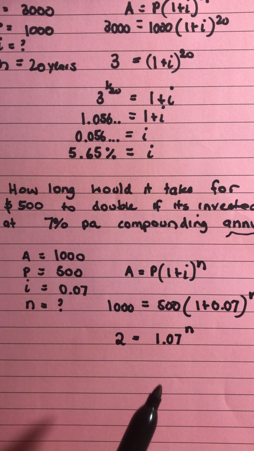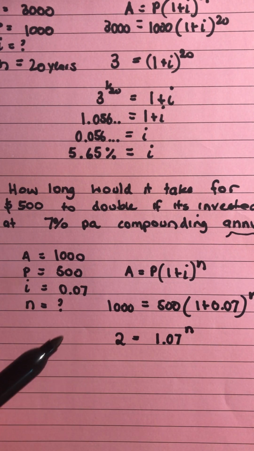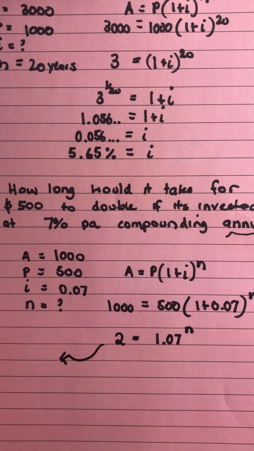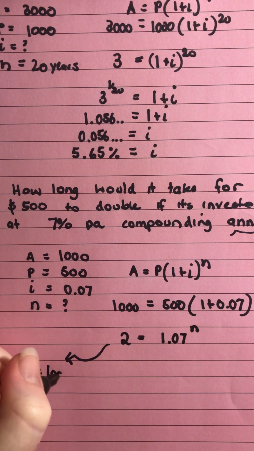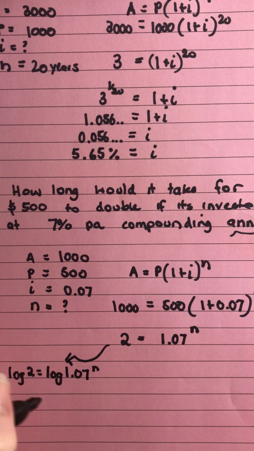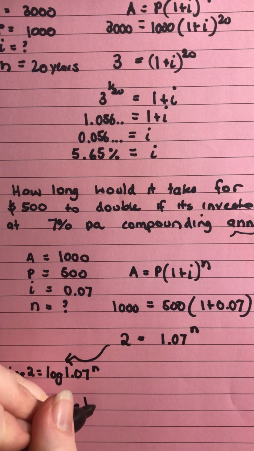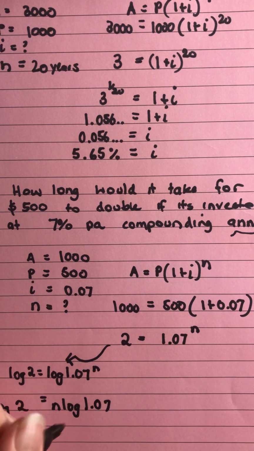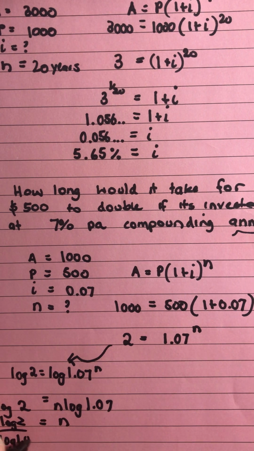Now, this is where in the general maths course you don't know logs, so you can't use logs to solve it. If you were using logs, over to the side here, we would just do log of 2 is equal to log of 1.07 to the N. We would bring down that N. And then to get our N on its own, we would do log 2 over log of 1.07.